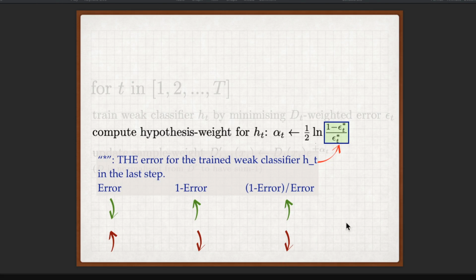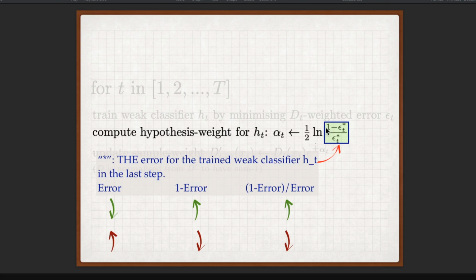So the result of this factor is small. This ratio is small. So alpha t is going down. That means the weight is lower.